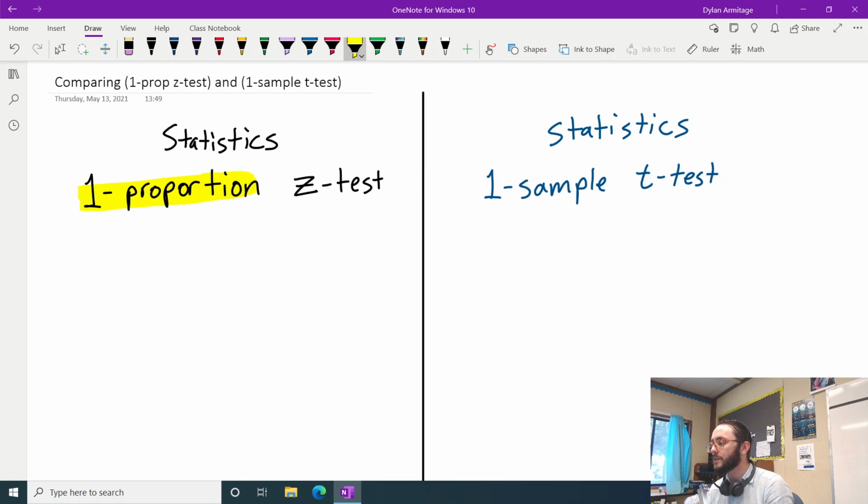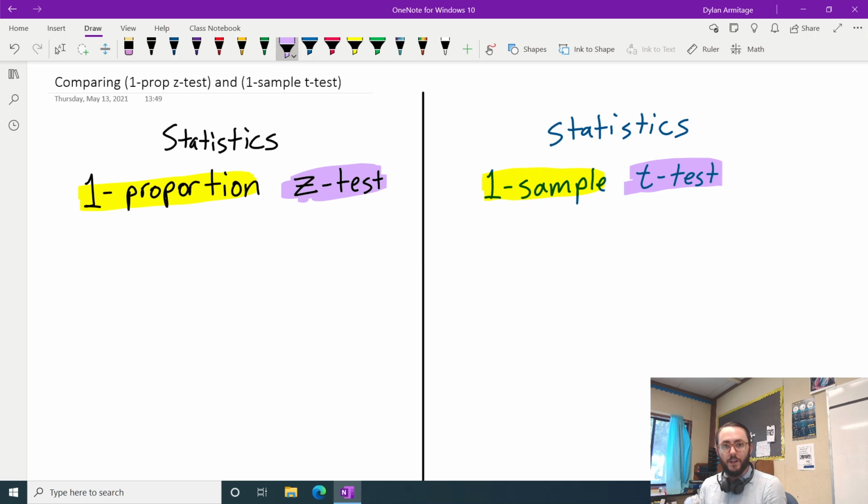So it tells us how many sample statistics we'll be using. Same thing here, one sample. And then z-test. So it tells us we will be using the z distribution, the standard normal distribution, and the t-test. So we will be using the t distribution rather than the standard normal.